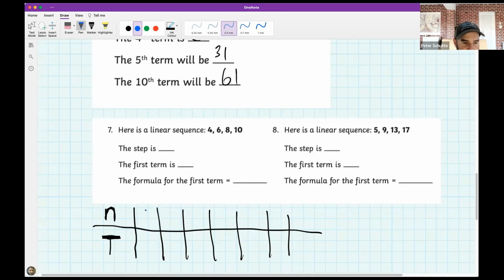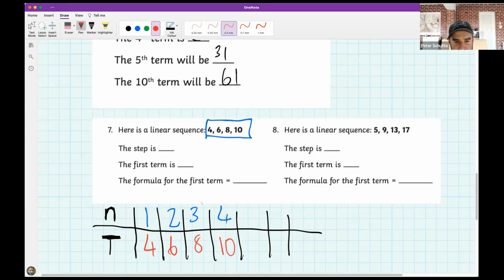So position number 1, 2, 3, 4 corresponds to the values. The value of position 1 is going to be 4. The value of position 2 is going to be 6. The value of position 3 is going to be 8. The value of position 4 is going to be 10.